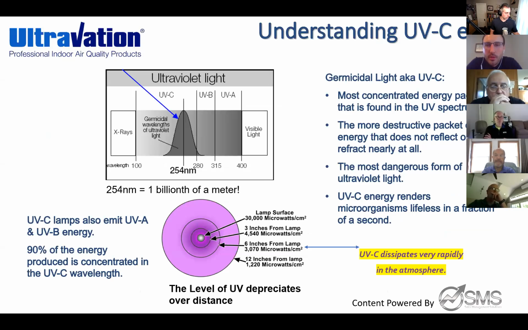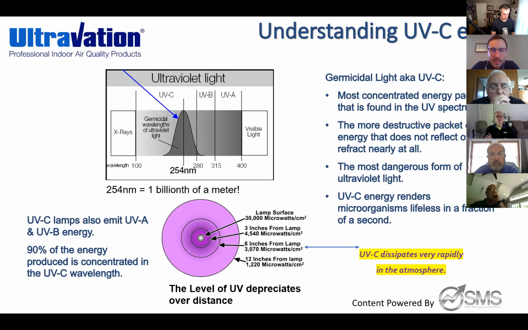So, understanding UVC energy. We're looking at the little picture up here on the top left, at the ultraviolet light spectrum, and we're looking at UVC on the UV spectrum. As you'll see, UVC, in conjunction with UVB and UVA, is the most concentrated energy packet found on the UV spectrum.